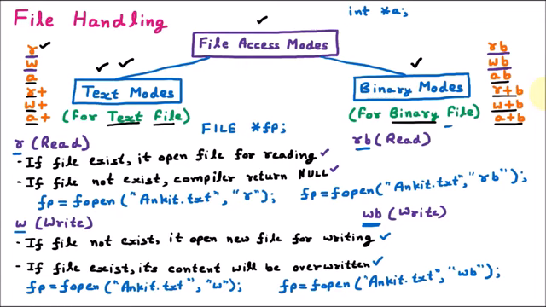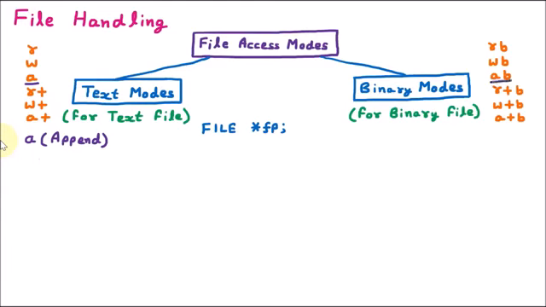Now we are learning the next mode, which is append, which is a. Here append mode is for the text file. Similarly, corresponding to that, we have ab, which is for the binary file. Append means updating. Whenever we have a file which is already present, that means its content is there, and if I want to add something, that is called append.